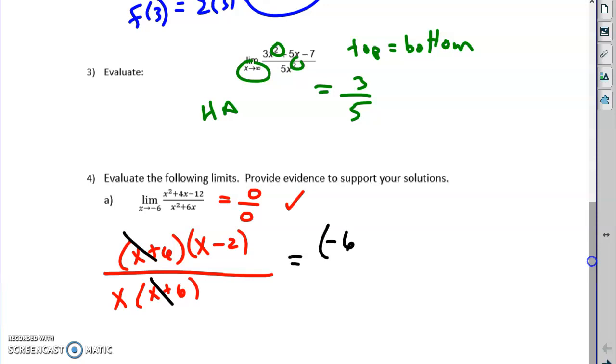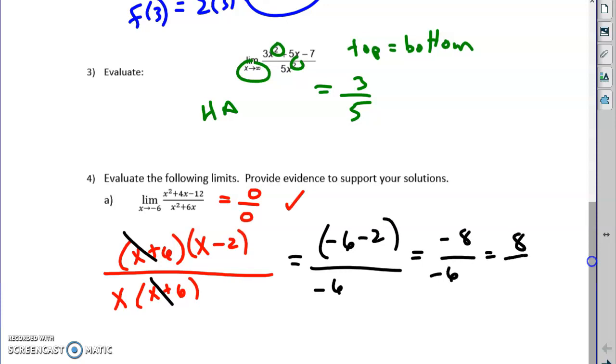Sorry, I've been saying 6. I should have been saying -6. -6 minus 2 over -6 gives you -8 over -6, also known as 8/6, or simplified 4/3. The limit exists even though the function would be undefined. Again, the limit is 4/3.